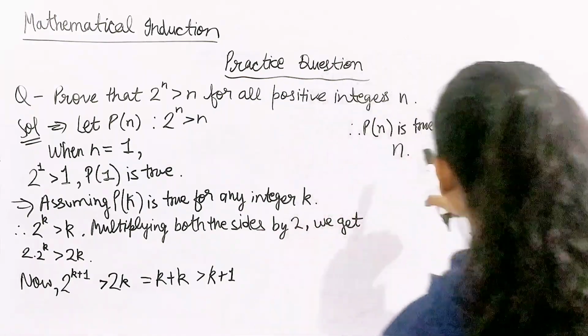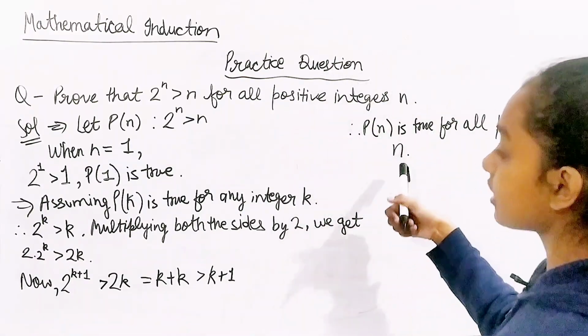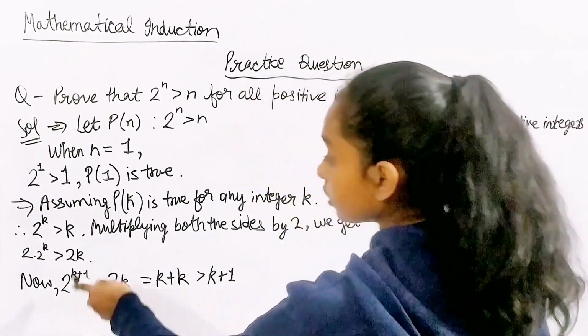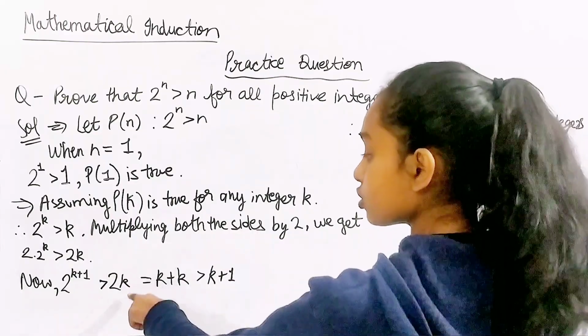So P of n is true for all positive integers n. Don't get confused, it was just a really easy way. So it was 2 to the power k plus 1 is greater than 2 to the power k.